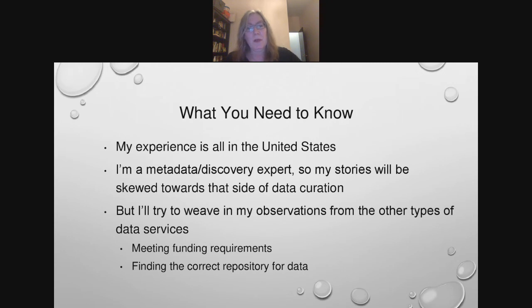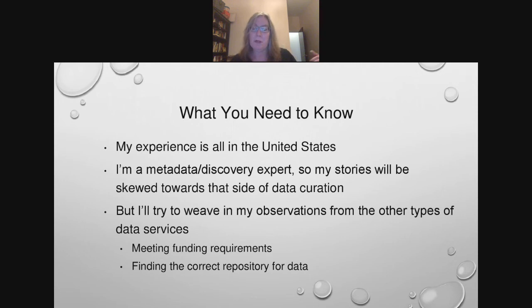And what you need to know for this is the stories I'm telling are from a United States perspective. Being in the informatics field, I often follow what Elixir is doing, and the perspectives and the growth of European versus United States research data management thoughts are slightly different and are at different places.